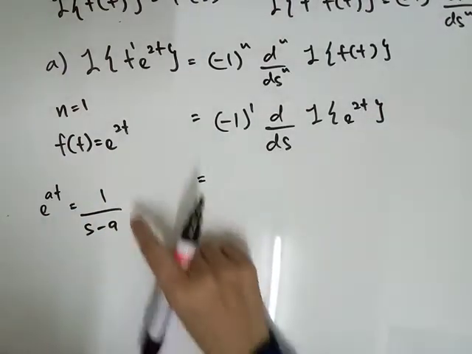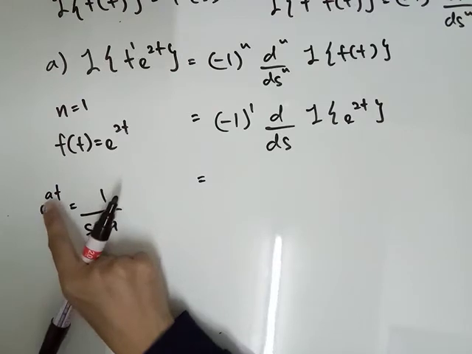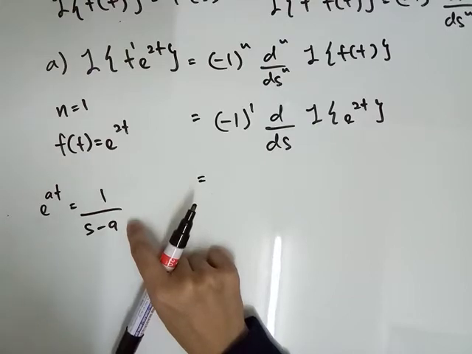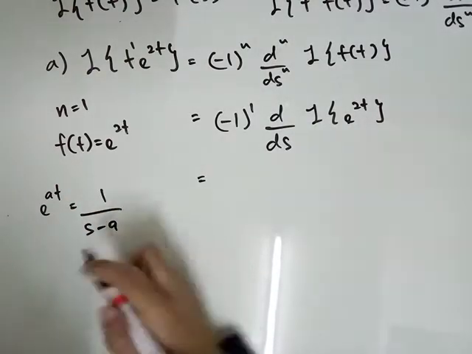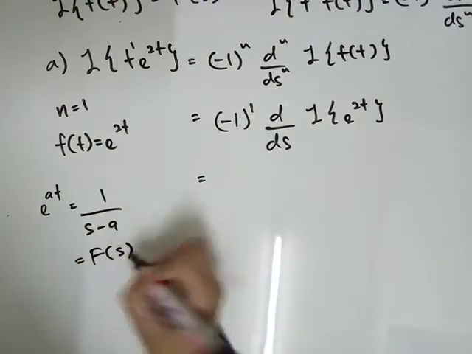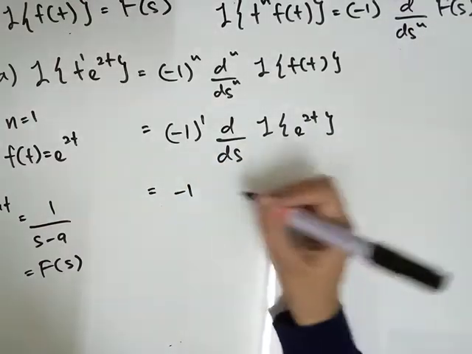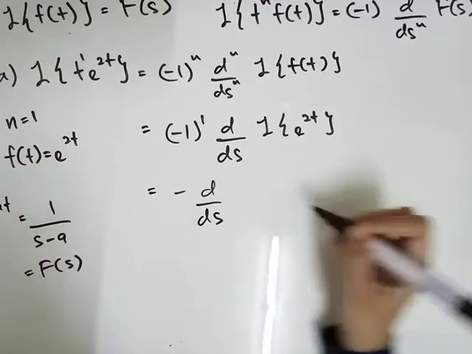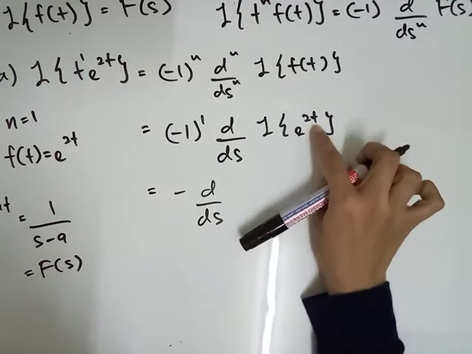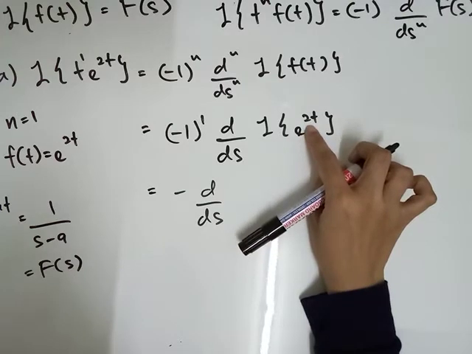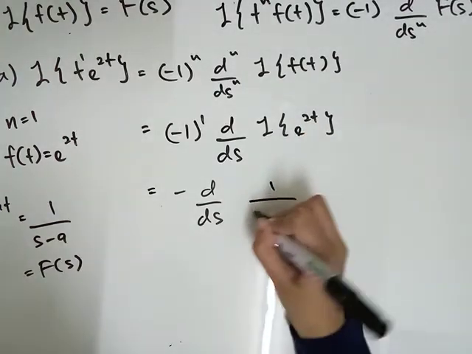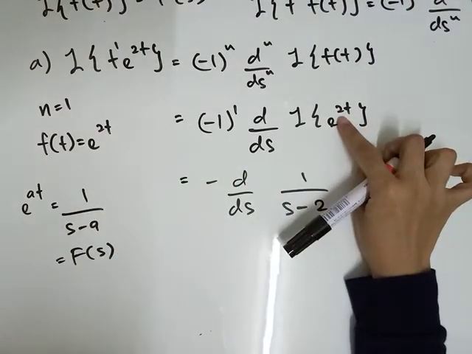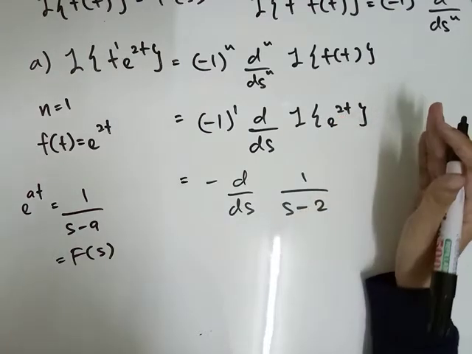This is the general form, and this is capital F of s. So negative d/ds of the Laplace of exponent 2t, which is 1 over s minus 2, where a is 2 here. Can you see this?